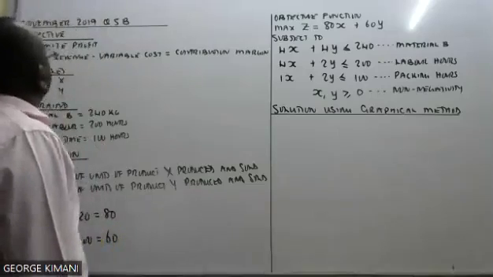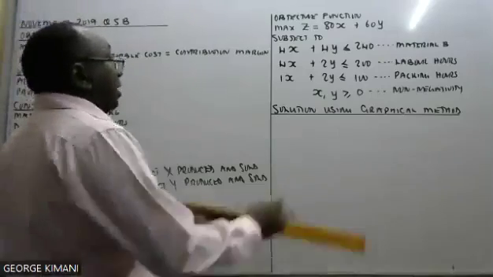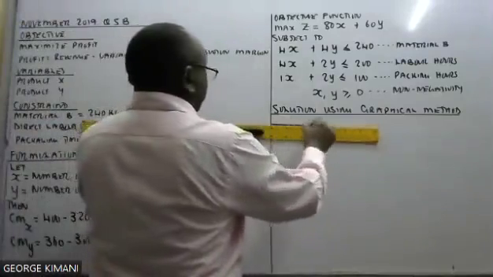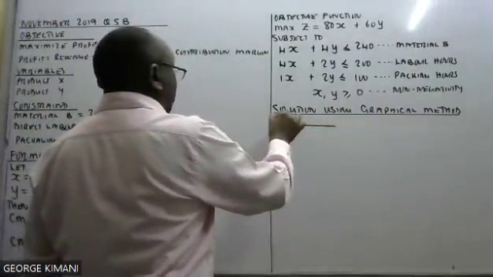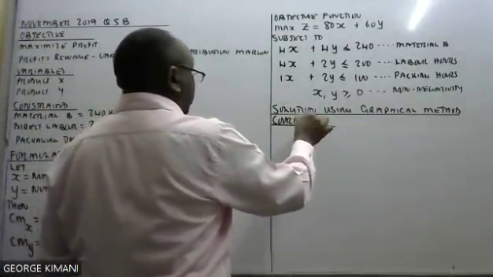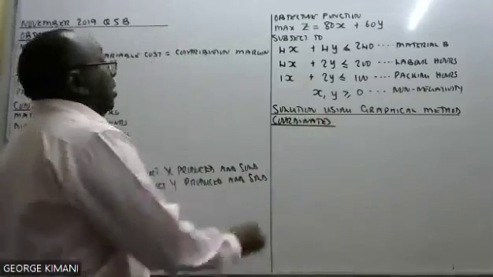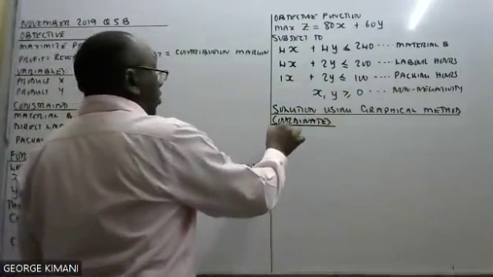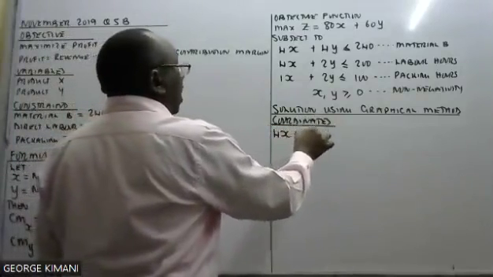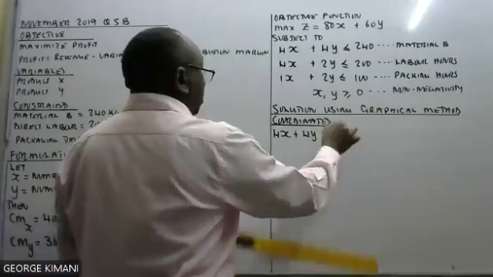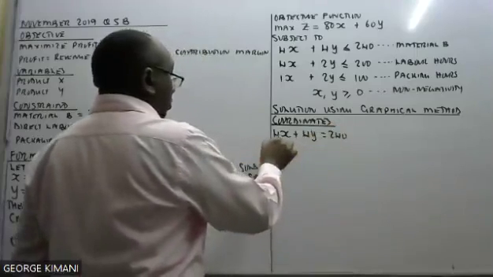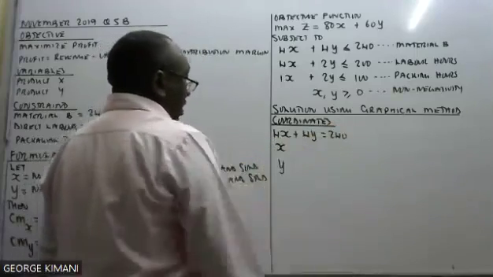So in this case, we have to get the coordinates. We take this equation 4x plus 4y is equal to 240, and we put x here and y.